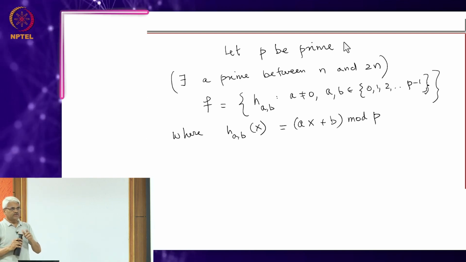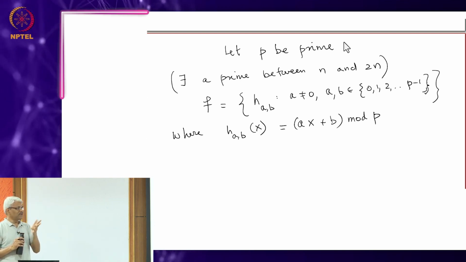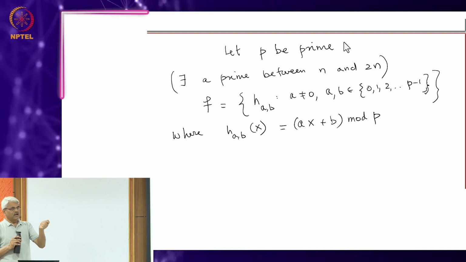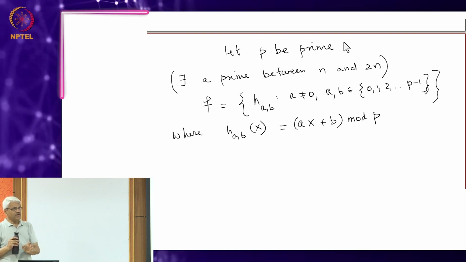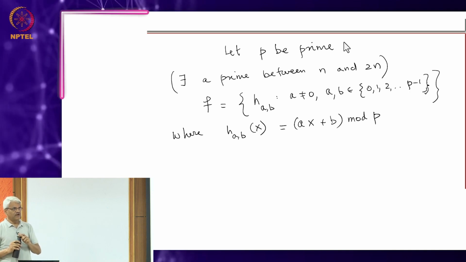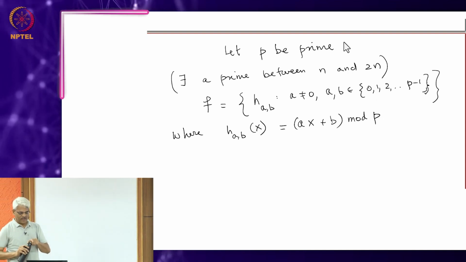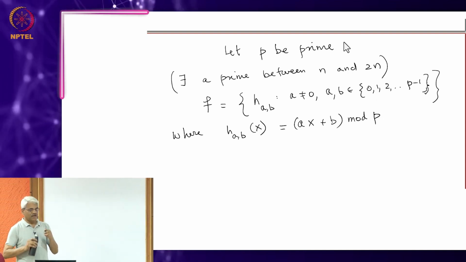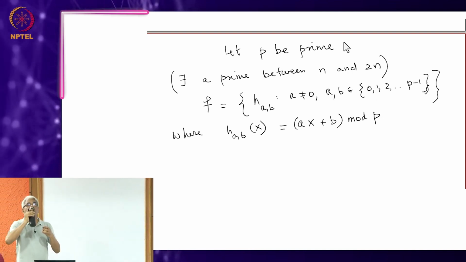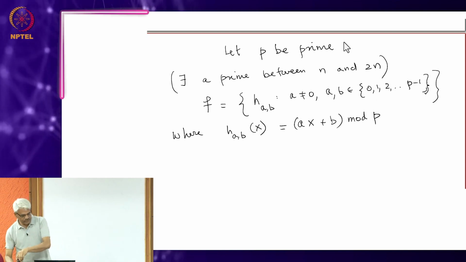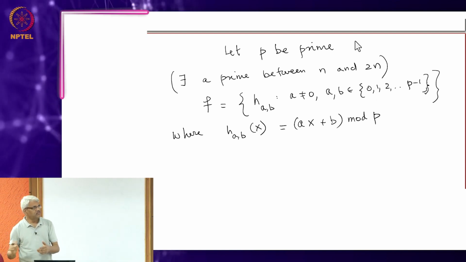Okay. So think of it as some sort of a permutation it is doing. It takes an x, multiplies by a, adds b and does a mod p. Not good enough. I need to do something more. Why? What is the range of this function?